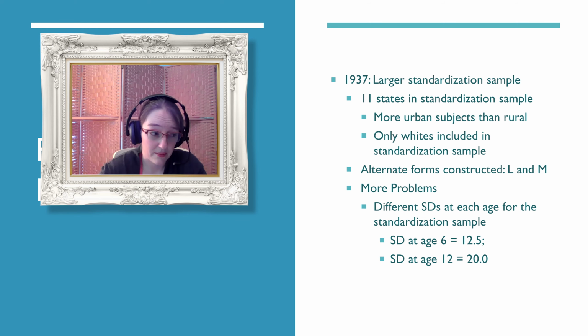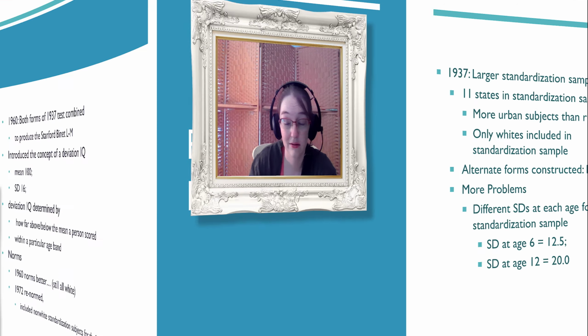So one standard deviation above the mean would mean a score of 120 at age 12, but only a score of 112 and a half at age 6. So you couldn't really compare the scores, which is a pain.